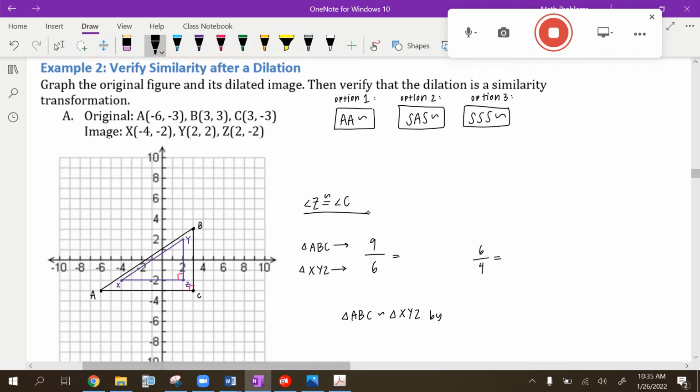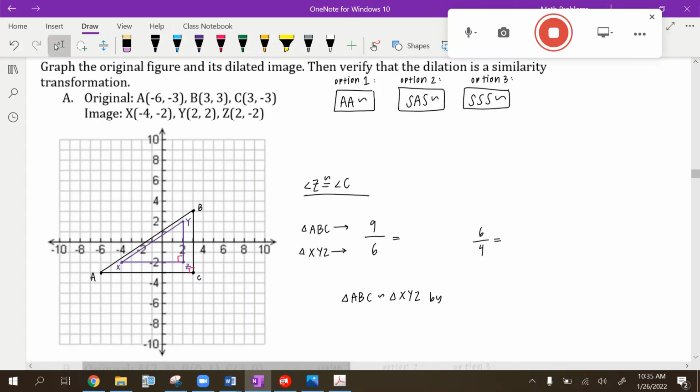So I can automatically say angle Z is congruent to angle C since they're both right angles. Next, I'm going to see if I have any other angles. Since I don't, I'm going to have to use either side angle side or side side side. Since I already have one angle, I'm going to try to go for side angle side to show that these are similar.